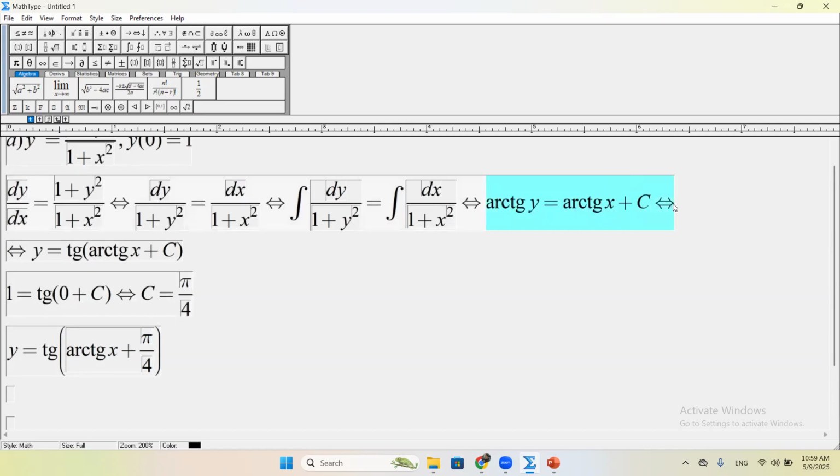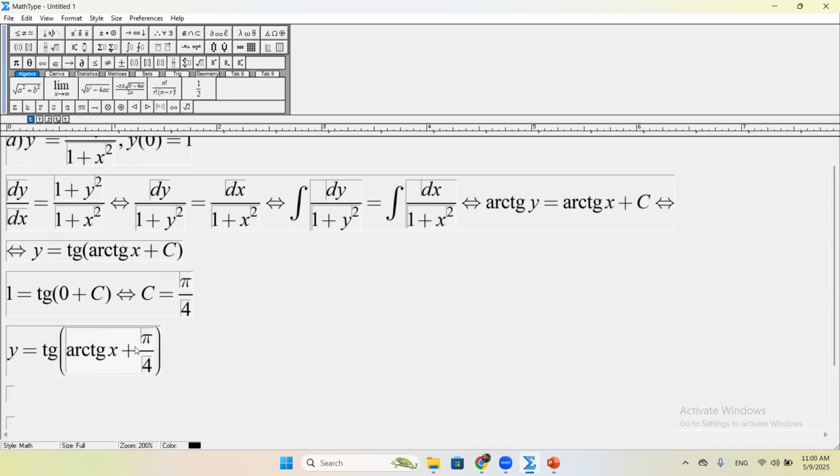Arctangent of y equals arctangent of x plus c. And how to find y? We take tangent of this whole expression. So actually, arctangent of x lives its own life here, and pi over 4 is just added to arctangent of x.